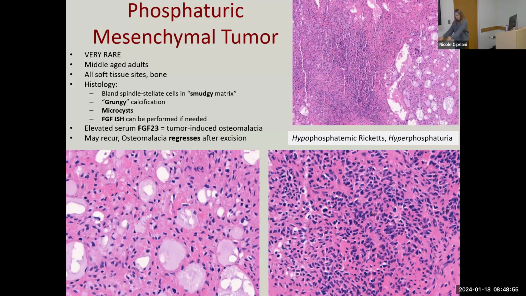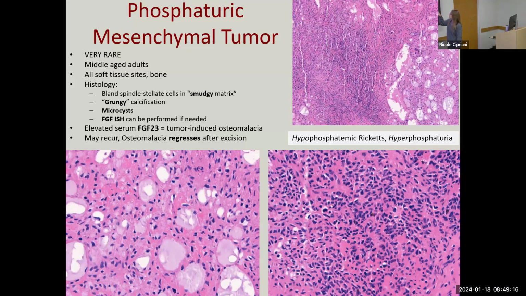So if this patient presents with that known electrolyte abnormality and they've got a tumor that looks like this, you're good. But sometimes they don't have that clinical serology, or they have it, but it's not known, right? It's not been tested because they present with the mass before the symptoms of osteomalacia.